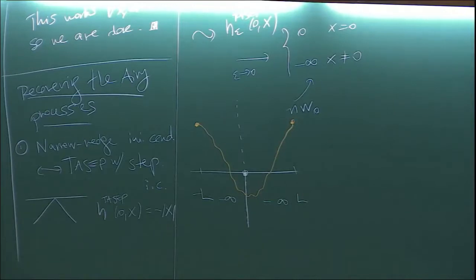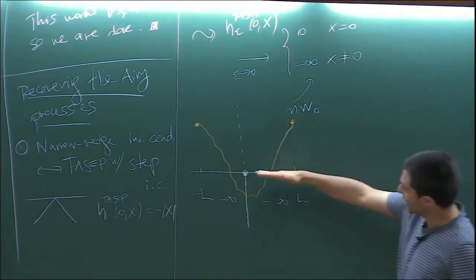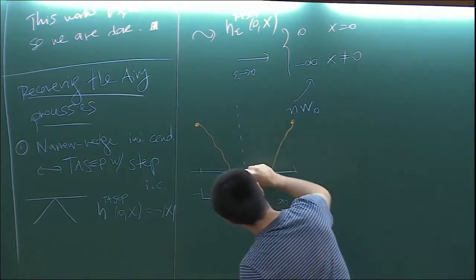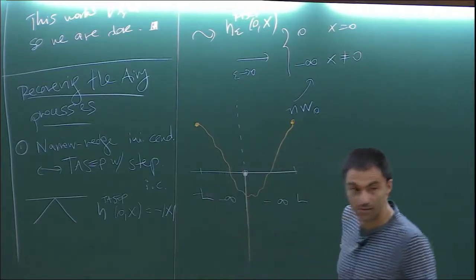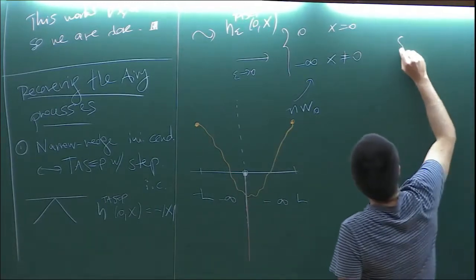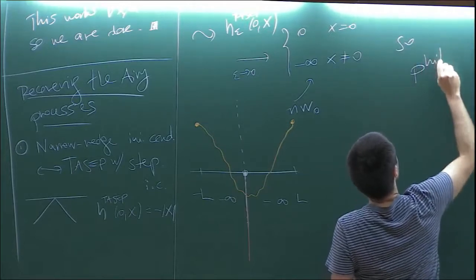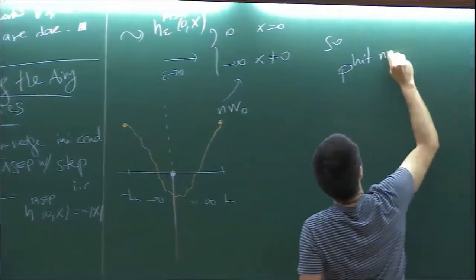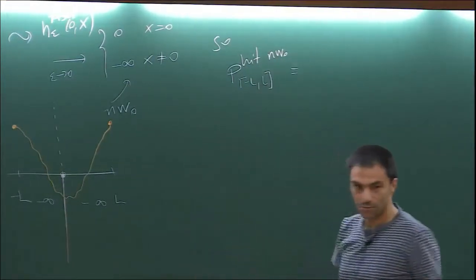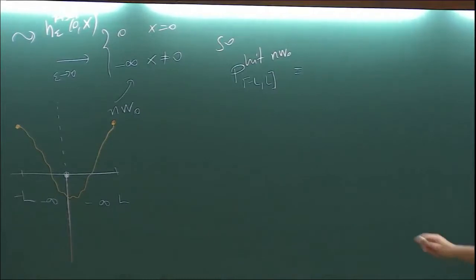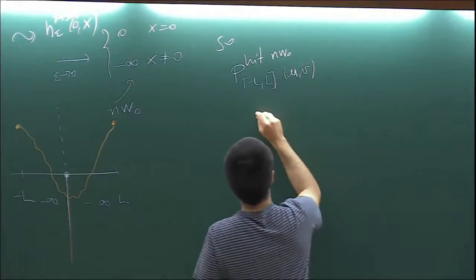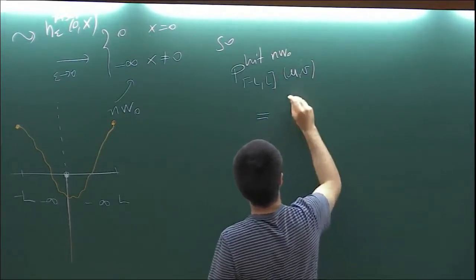You see that? If I want to hit the hypograph of this function, the hypograph is just this red set. So I have to hit that. It's the only way. So P heat of narrow wedge at 0, minus L to L, starting at U, ending at V, you can just write as follows.